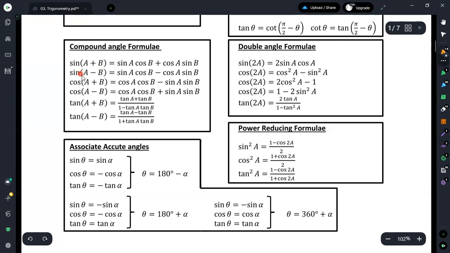Using the compound angle formulas for sine a plus b and cosine a plus b, we can obtain tan a plus b in this way, and tan a minus b can be obtained by taking the quotient of sine a minus b and cosine a minus b.